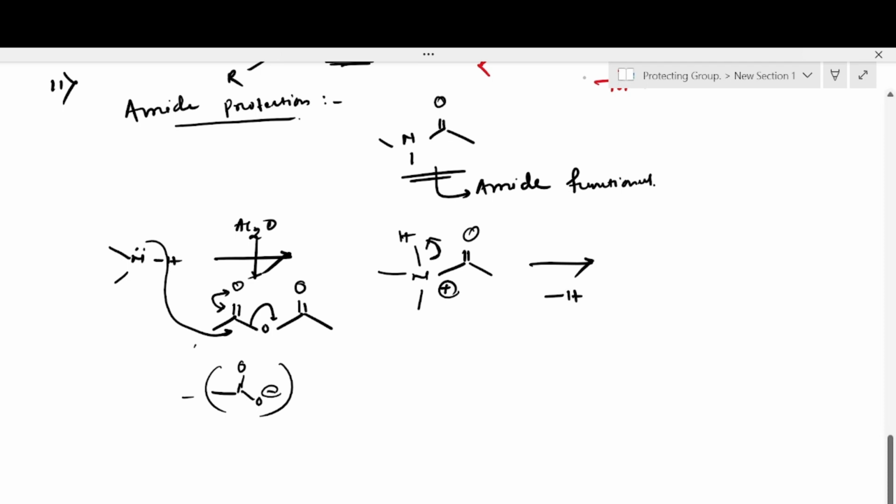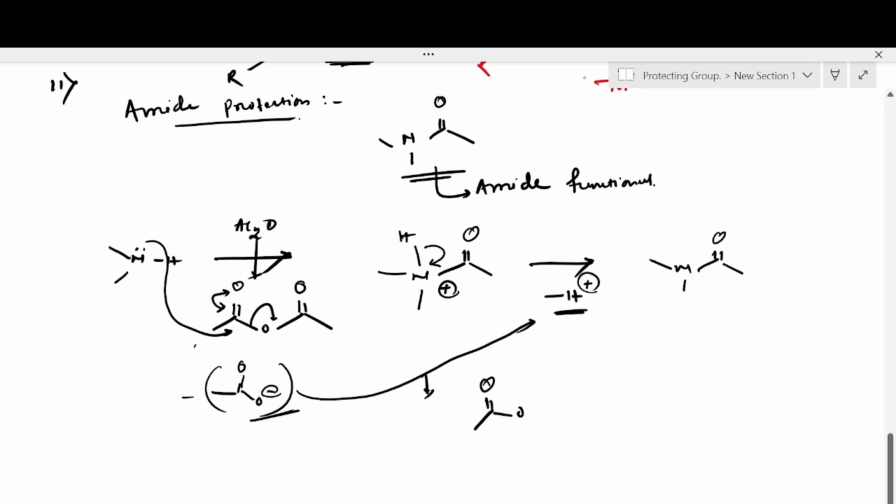Because nitrogen already contains a positive charge, both electrons of that bond will shift toward nitrogen. Now it forms the amide and leaves as an H plus ion. Then this H plus ion and this acetate ion combine and form what?